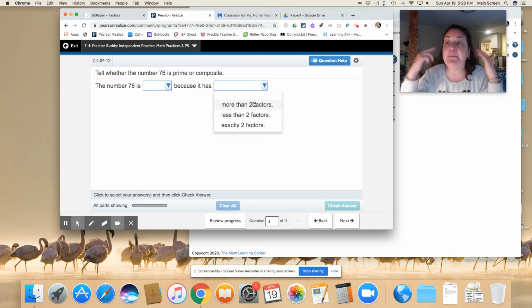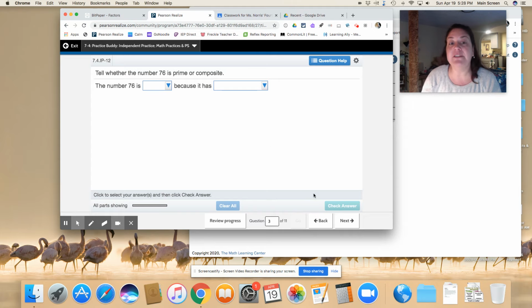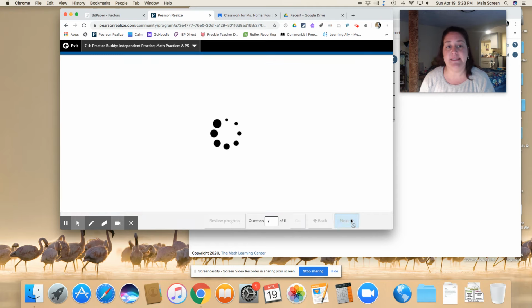You have to keep saying that in your brain because the computer gods want you to have those words stuck in your brain. Understanding prime and composite and remembering what it means is an important job of a 4th grader. Okay? 89, asking the same thing. Is it prime or composite? Why? Next.